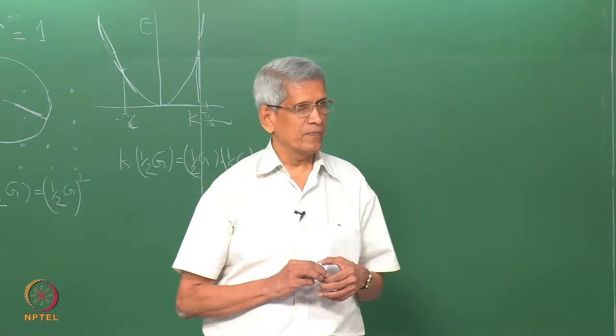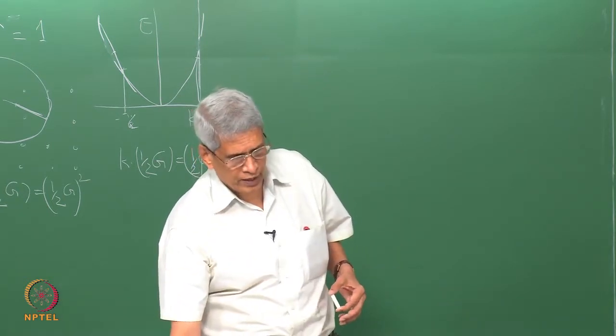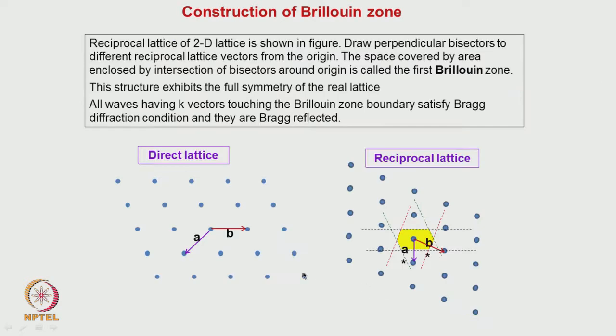Where else will the Bragg planes be? Now, consider a two-dimensional lattice. I can have a reciprocal lattice point somewhere here, and I will have a Bragg plane. That is precisely what is being done. From the origin, I can take all the reciprocal lattice vectors and draw the plane perpendicular to each, and that is the Bragg plane. All the scattering vectors, to satisfy the Bragg condition, have to touch this Bragg plane.